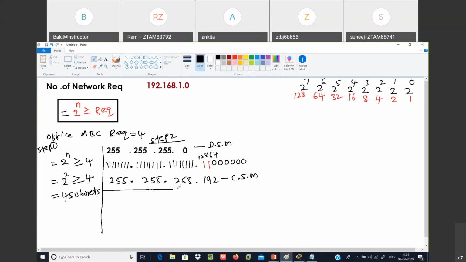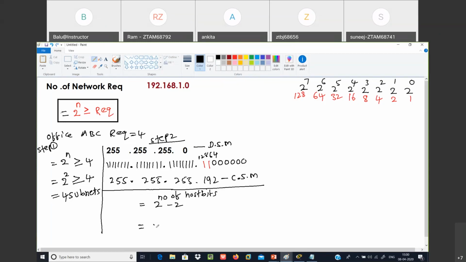I have 4 subnets. For each subnet, how many usable, valid IP addresses? Let me calculate. The formula is 2 power number of host bits minus 2.